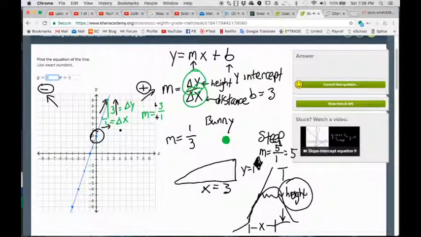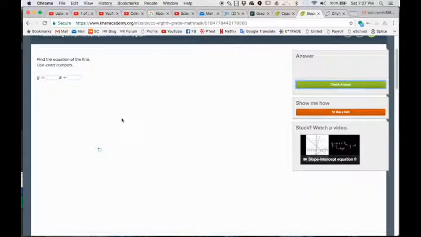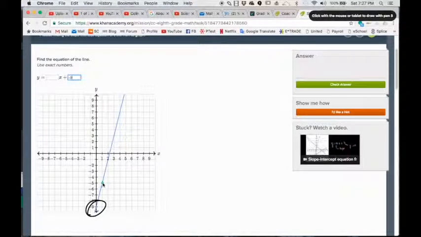Okay. So let's clear all this and go to the next one. Go ahead and find your y-intercept, which in this case is down here in the negative section, so it's -9. And we can find some intersection points. So here's one, and here's one, and here's one.